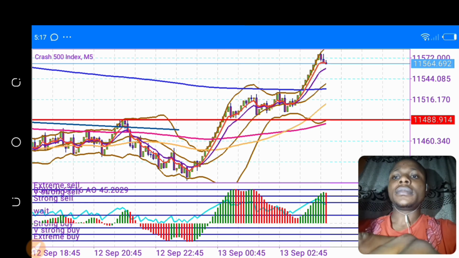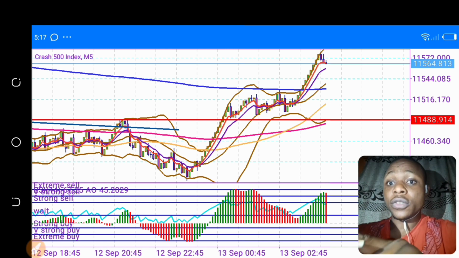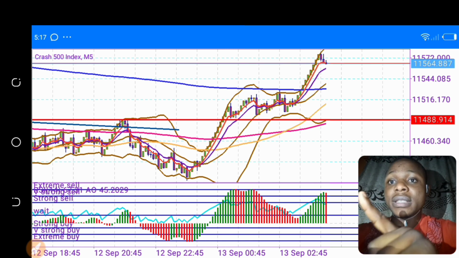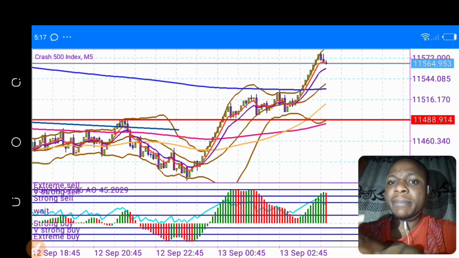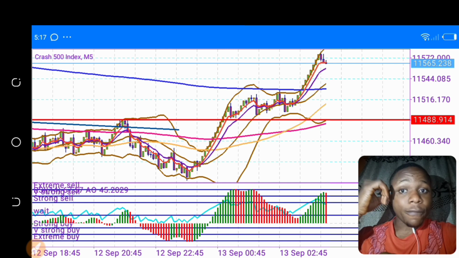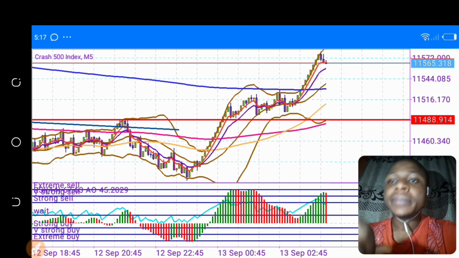So majorly to detect spikes, we are going to be using 5 minutes and 15 minutes time frame to analyze or to enter. Then you can confirm your analysis on higher time frames.